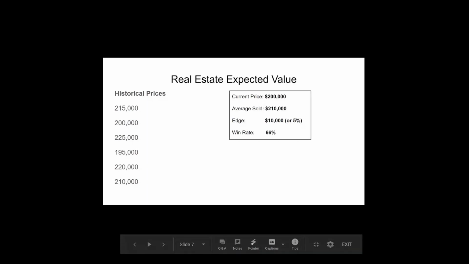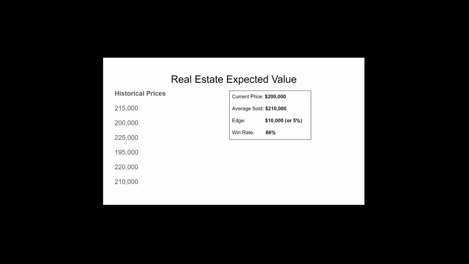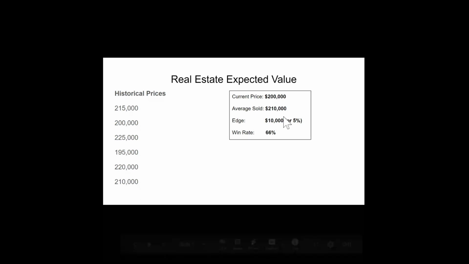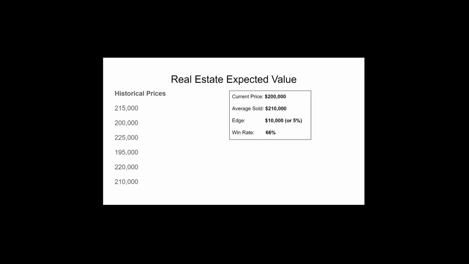Are you overpaying? One way that your realtor or maybe your appraiser will look at it is to say, well, historically in this neighborhood, what did houses sell for? So they'll go and say 215,000, 200, 225, 195, and they'll take an average. So on average, the average home is 210,000, right? So if you're buying it for 200,000, that's like a $10,000 cushion, or 5%.